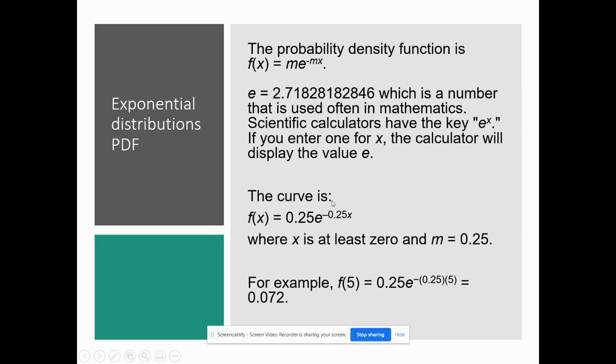So the curve for the one we just looked at using this formula is f of x equals 0.25 e, again, remember that's a constant, to the negative 0.25 x. So x is going to be at least 0 or higher, and you're given a value. And remember, this is an exact value because we're talking about PDF.